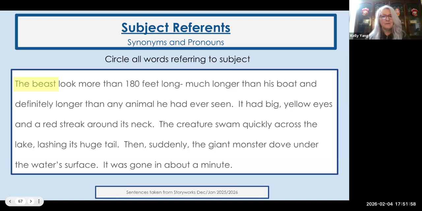If you look at it, we have the beast looked more than 180 feet long. But then we have his boat. Who is his? It was the captain, but definitely longer than any animal he had ever seen. So you'd have to know that was the captain. Then it had big eyes and a red streak around its neck.